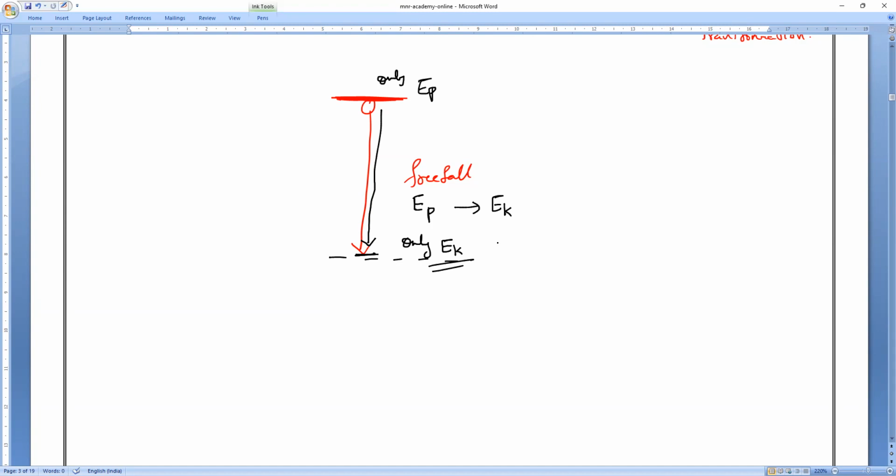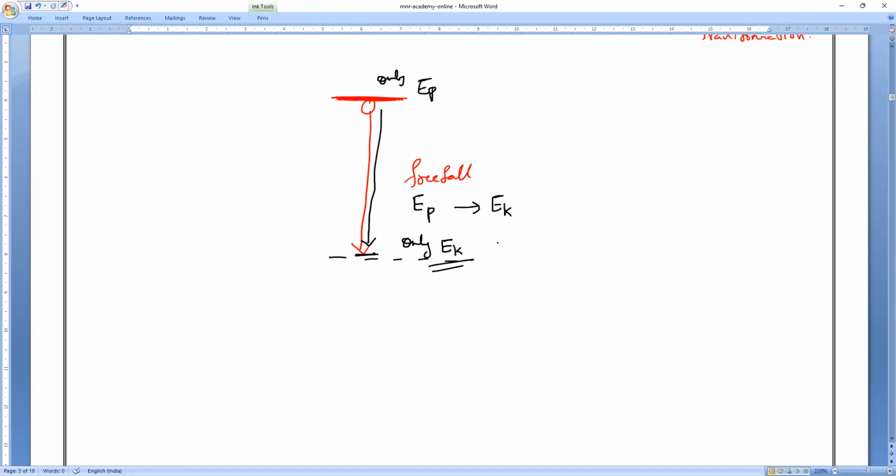Whatever potential energy is present before falling, after falling it is the same kinetic energy, equal to the potential energy. That is called energy transformation. So energy before transformation is equal to energy after transformation. That is what you have to remember. Everybody clear?